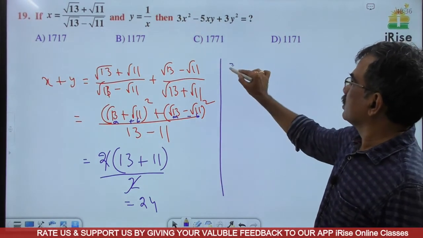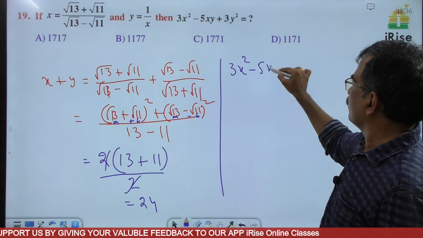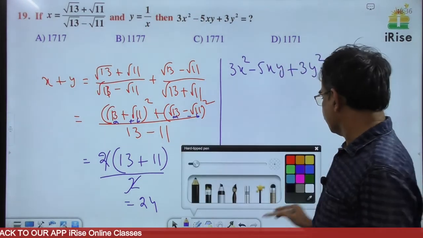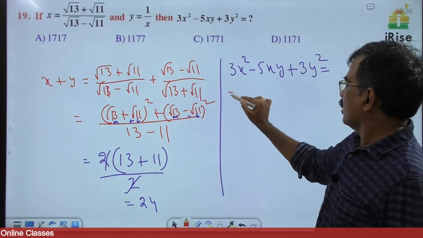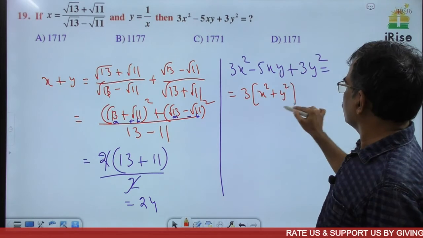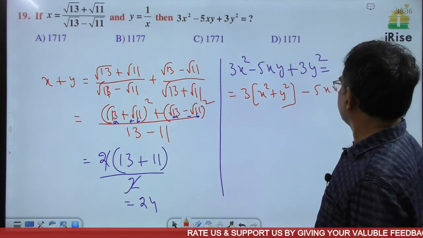Then what is the question? 3x square minus 5xy plus 3y square is equal to how much? This is the question. I want to write this as 3 into x square plus y square minus 5xy.